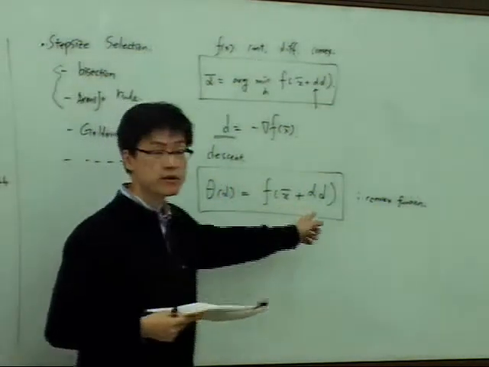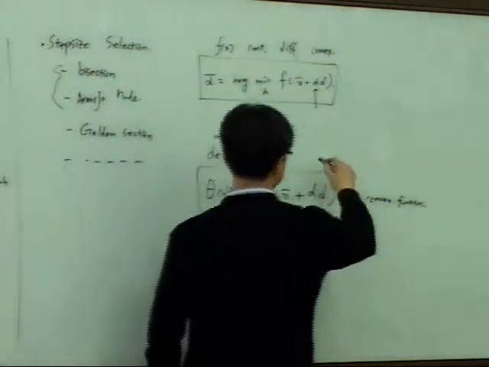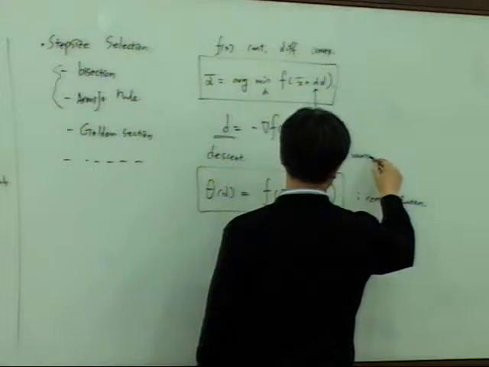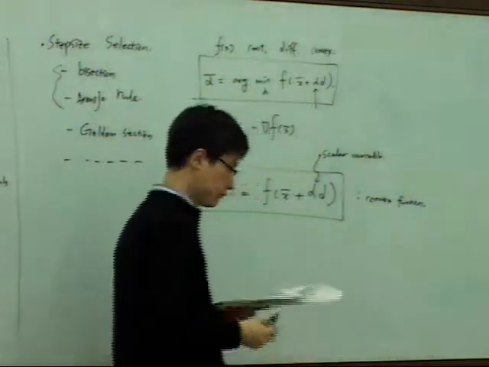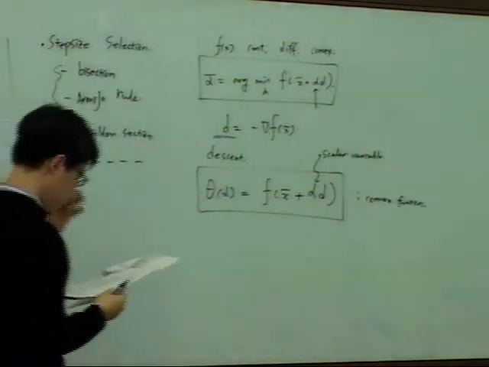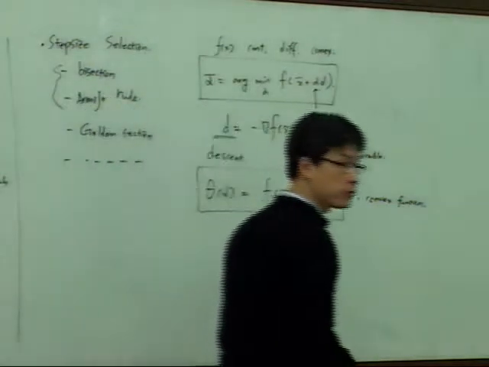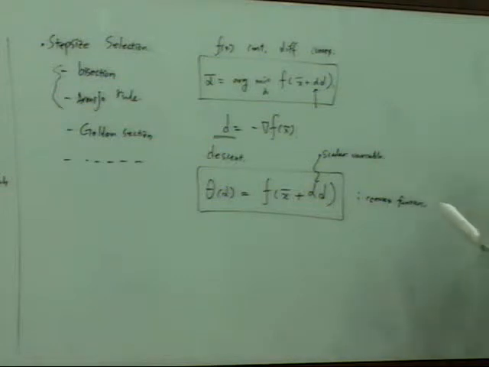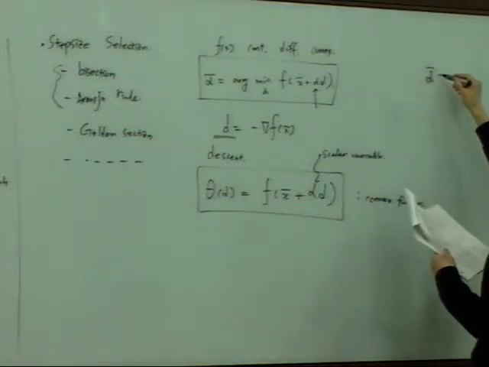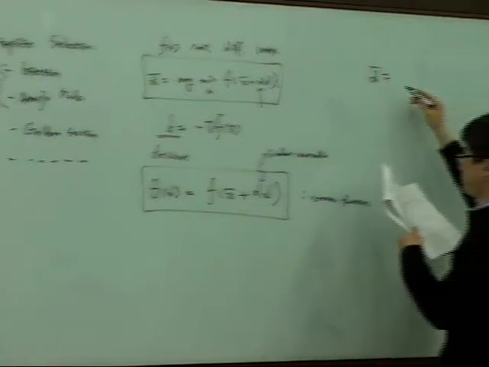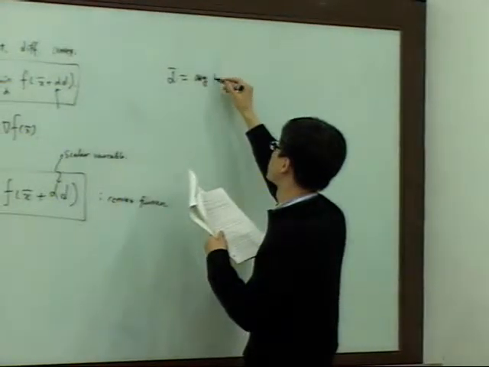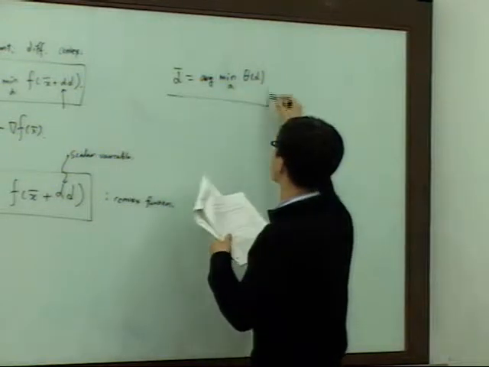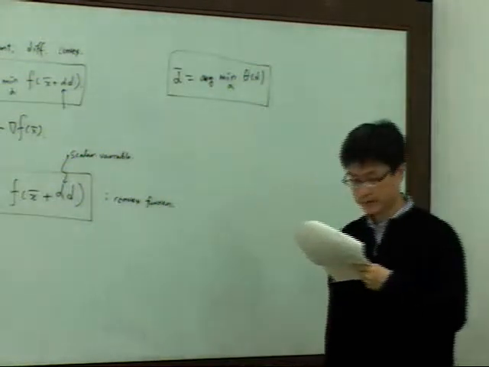And alpha is a scalar variable. If we rewrite this equation in this form, it's nothing more than just alpha bar, which is exactly the same thing.